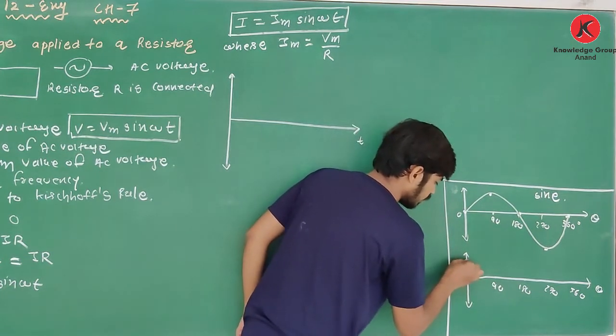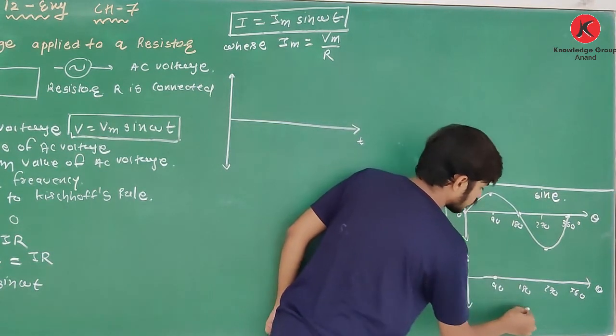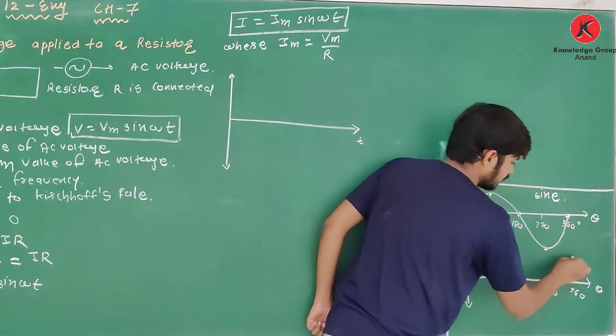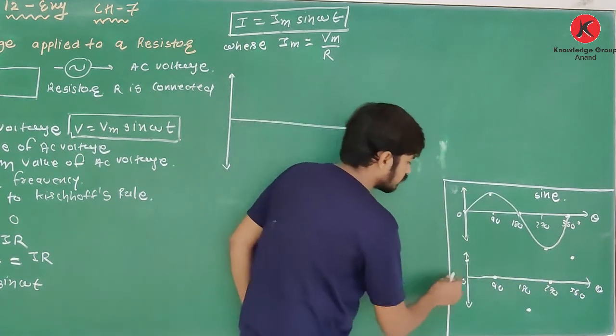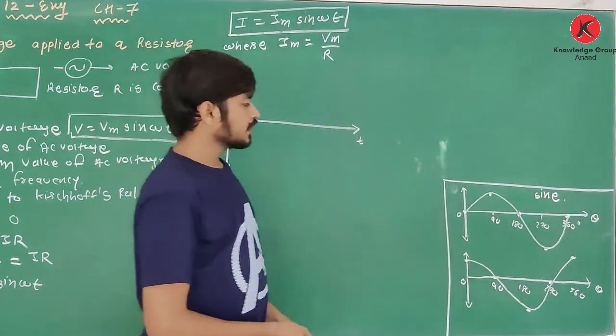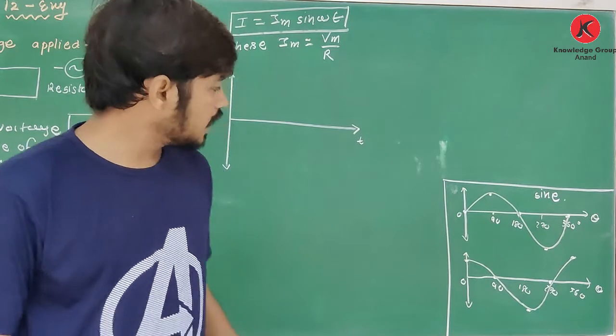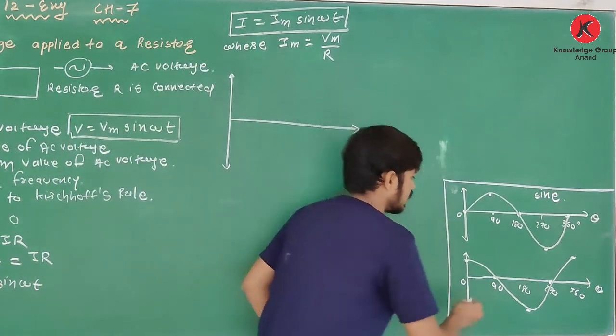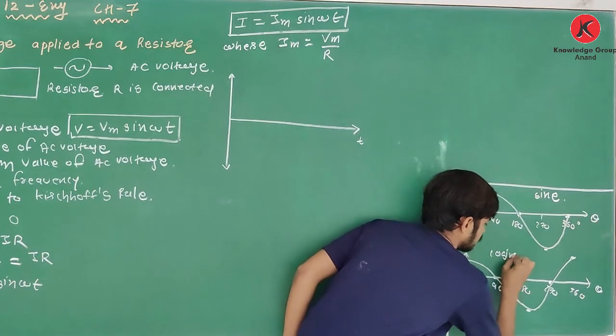Cos 0 is 1. Cos 90, 0. Cos 180, minus 1. Cos 270, 0. And cos 360 is again 1. So the graph of cos is like this. So it is the graph of sine and it is the graph of cosine.